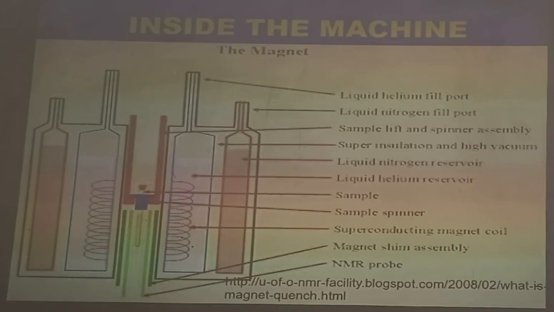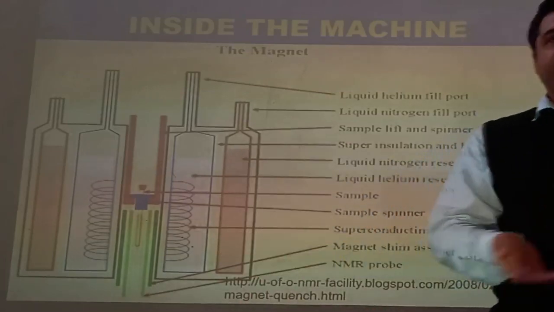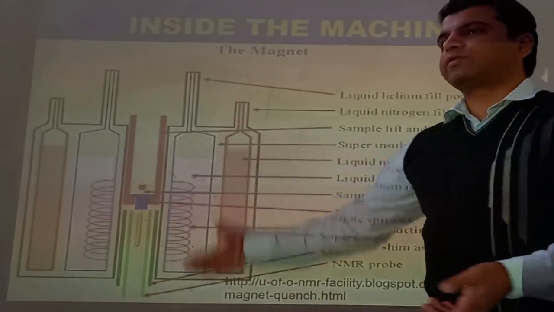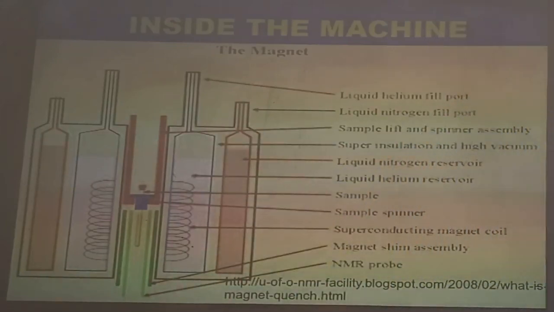So we usually fill this liquid nitrogen every week, and you are required to refill the helium after 6 or 8 months. So this was all about the NMR machine.